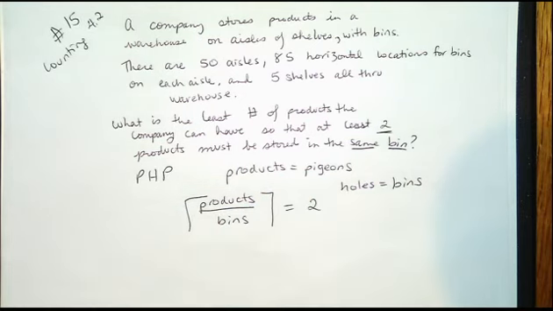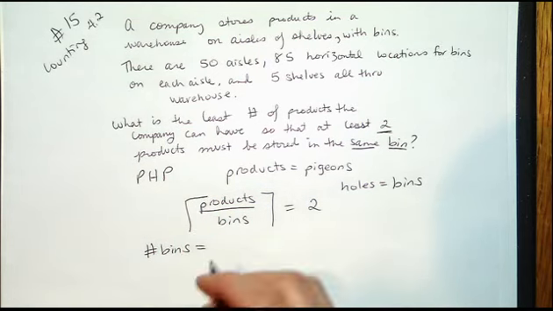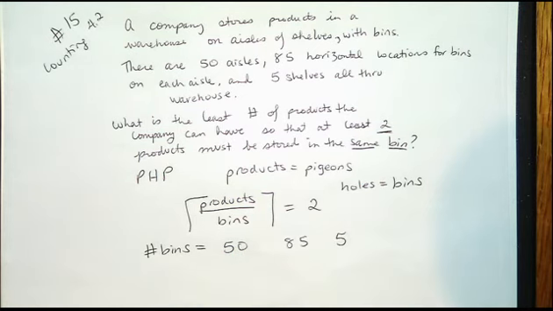So we need to figure out the number of bins, right? How many bins are there? I have to combine those numbers, 50 aisles, 85 locations for bins, and 5 shelves. What do I do with those numbers? Multiply them, because it's the product rule: I have an aisle and a horizontal location and a shelf.